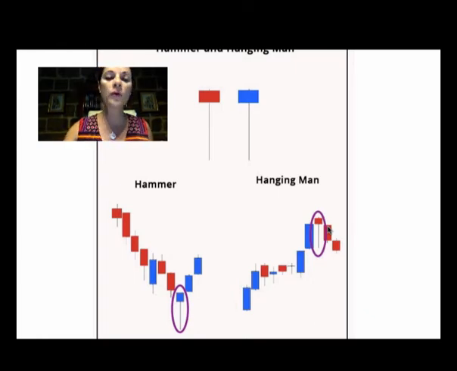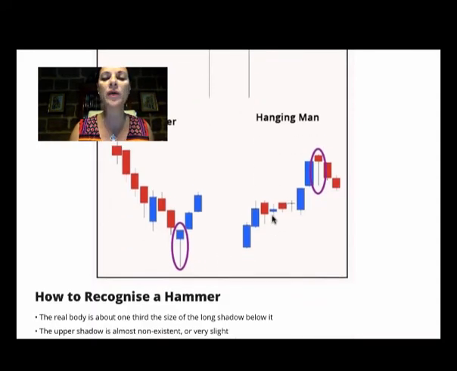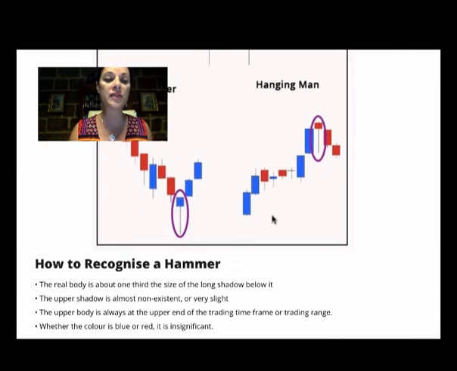So in this case, this is hitting the resistance level. So the support level happens at this point, the resistance happens at this point, and this is when we are going to see a reversal.